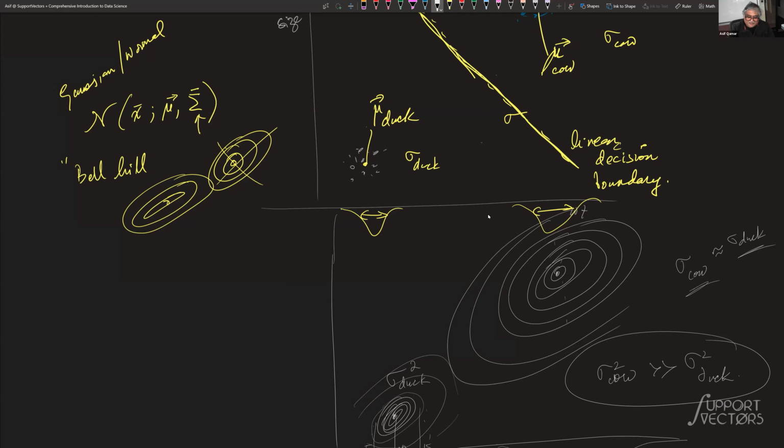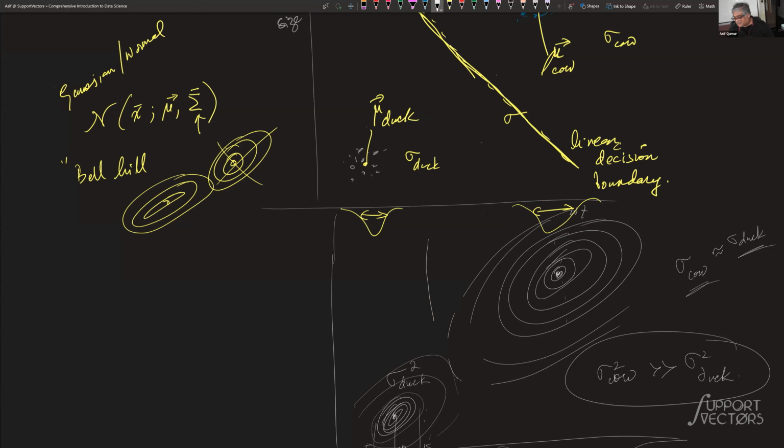Let me give you the first answer. I don't know which way it would lean, but whichever way you look at it, I think it's a curve. I hope I don't make a mistake here, but be on guard, I might be wrong. I think you'll get a decision boundary, yellow.